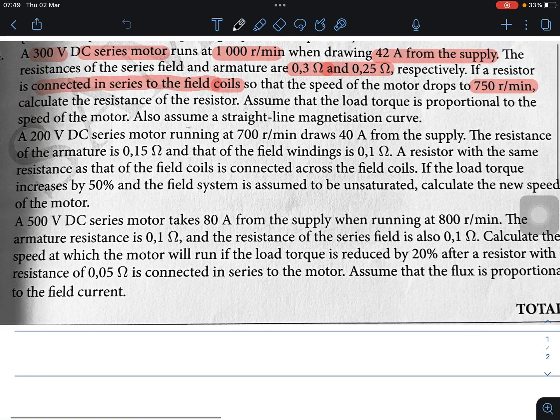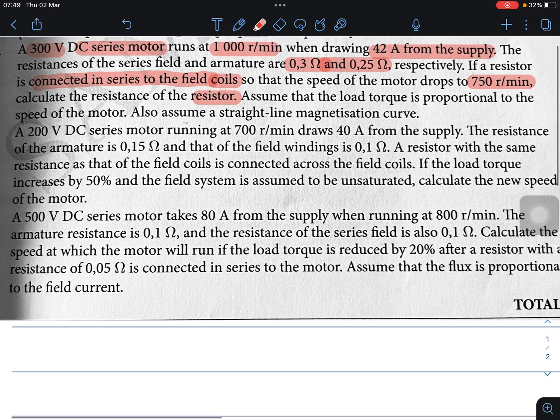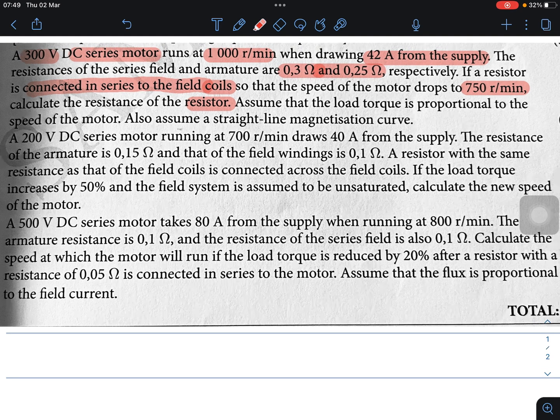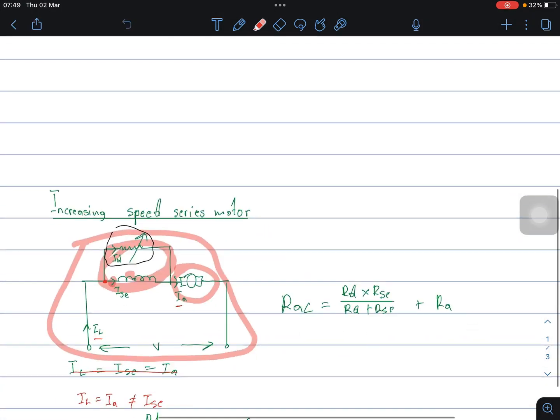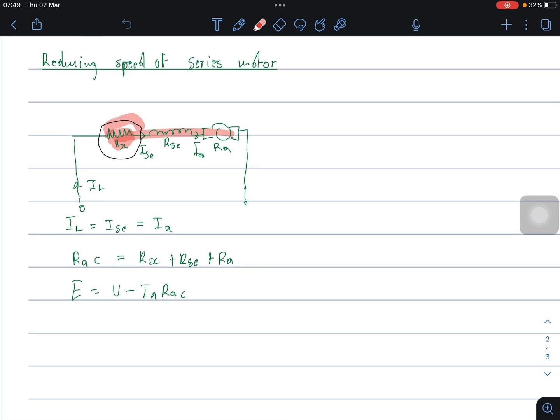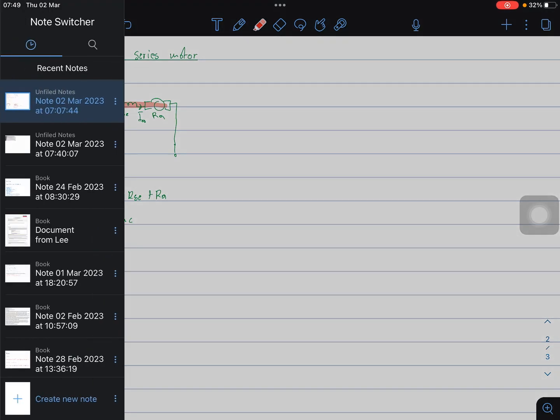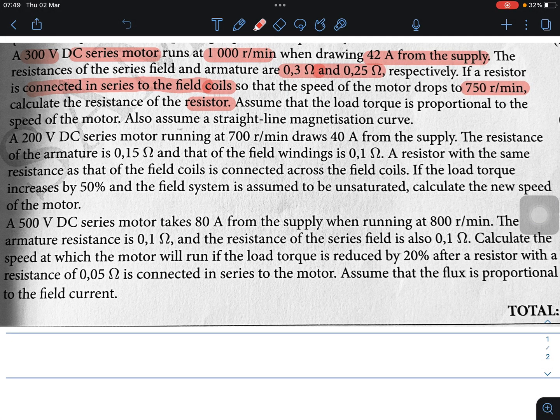Now they want us to calculate the resistance of the resistor, so that the speed drops from 1000 to 750 revs per minute.